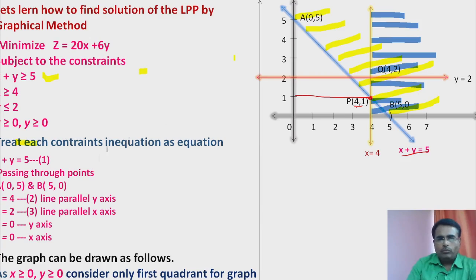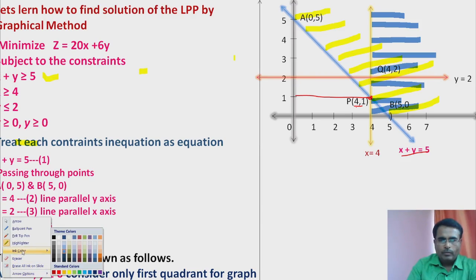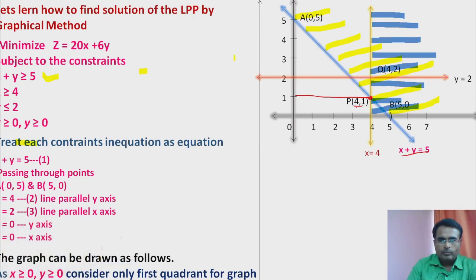And for the third, we have to consider the less than or equal to type. For less than or equal to, we have to consider the region towards the origin side. You can observe I am drawing the region. Are you getting it?